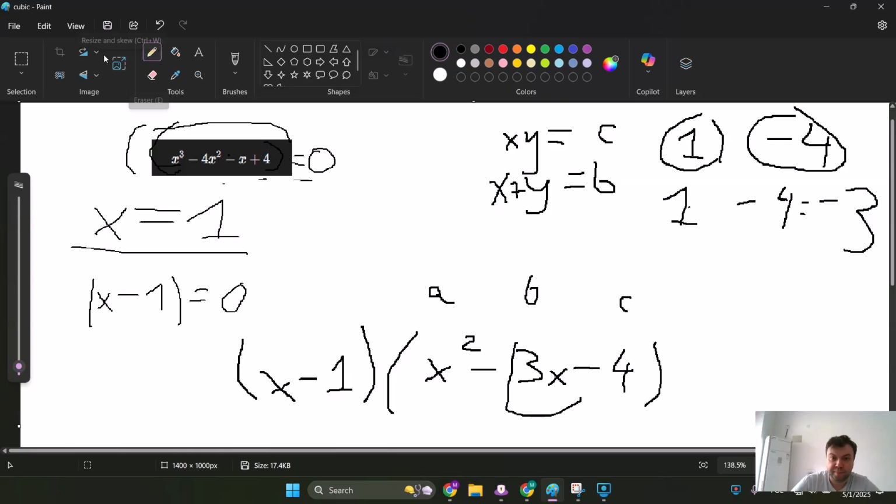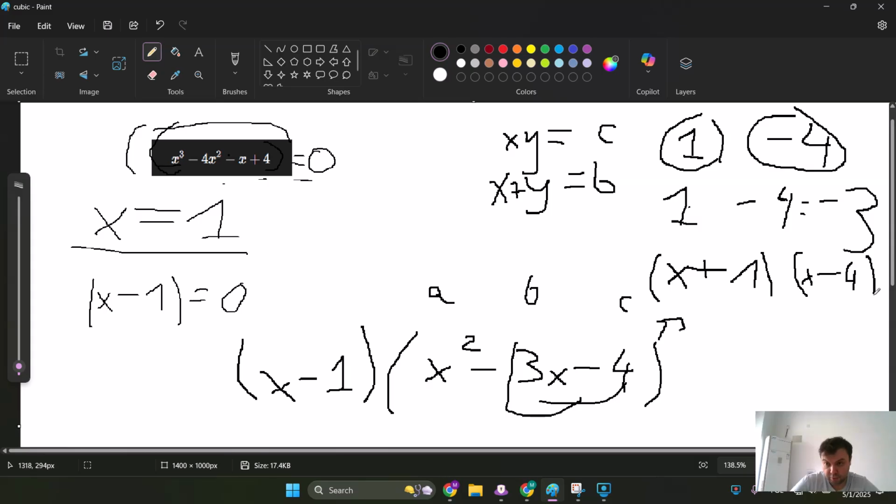Now we will write down again how to write this equation. This quadratic equation can be written in factored form as x plus 1, x minus 4. So we got our roots, and we write before it x minus 1.